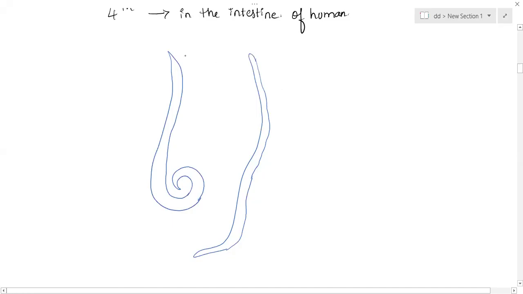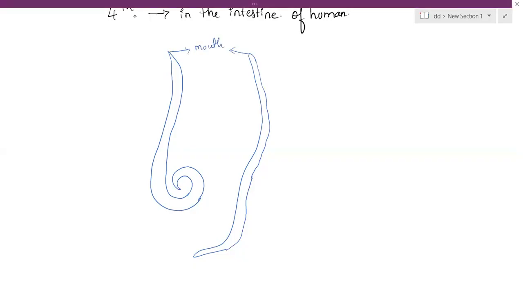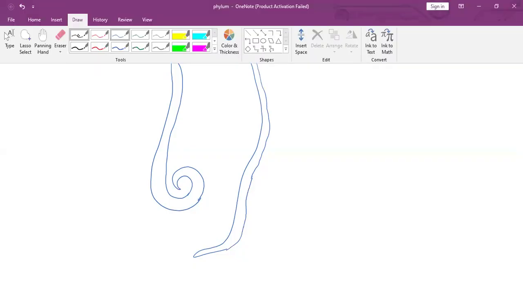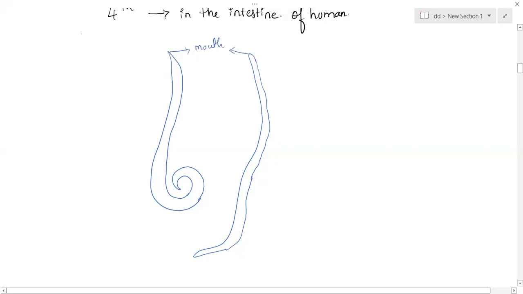Here is the mouth, the opening. In the male and the female both, there is a tube inside the tube. This is the outside tube, and inside also they have a tube-like structure. I'm drawing a line to show the tube inside the tube. Take this as a reference.